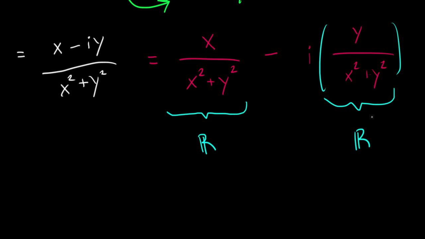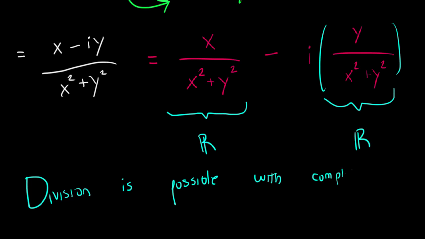So all this is showing us, because we have that same format that we require for the complex numbers, is that division is possible. Division is possible with complex numbers.